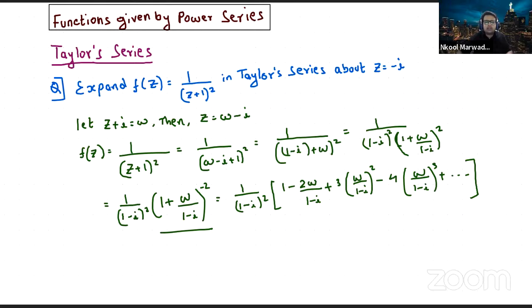Once again, I will tell you, you have to remember. What I am trying to say is that for 1 plus b to the power of minus 2, the formula is a minus 2 times b plus 3 times b square minus 4 times b cube plus 5 times b to the power of 4 and so on.